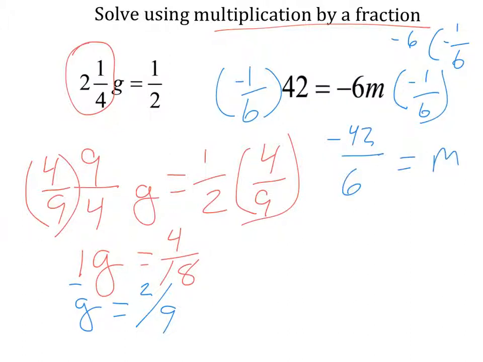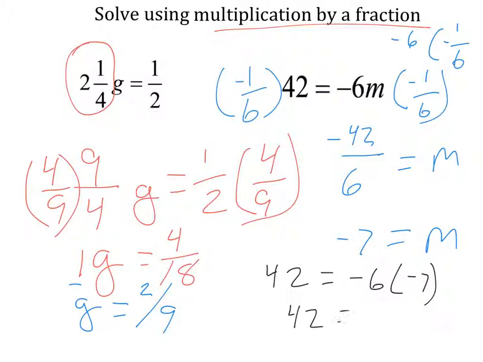When we simplify -42 over 6, we get -7 equals m. As always, if I wanted to check that answer, I can go back to the original problem, 42 equals -6 times -7, to verify that yes, 42 does equal 42. Again, we don't have to check in our classwork, but on a test it's good to know how to check if need be.